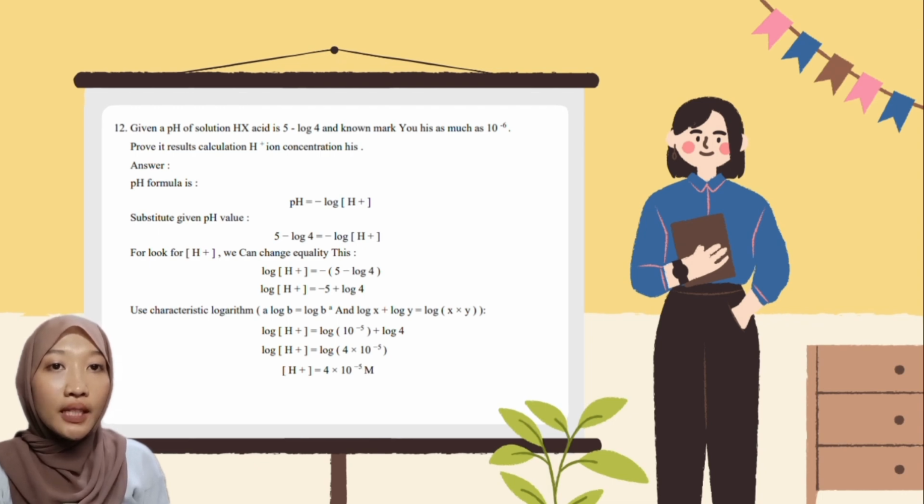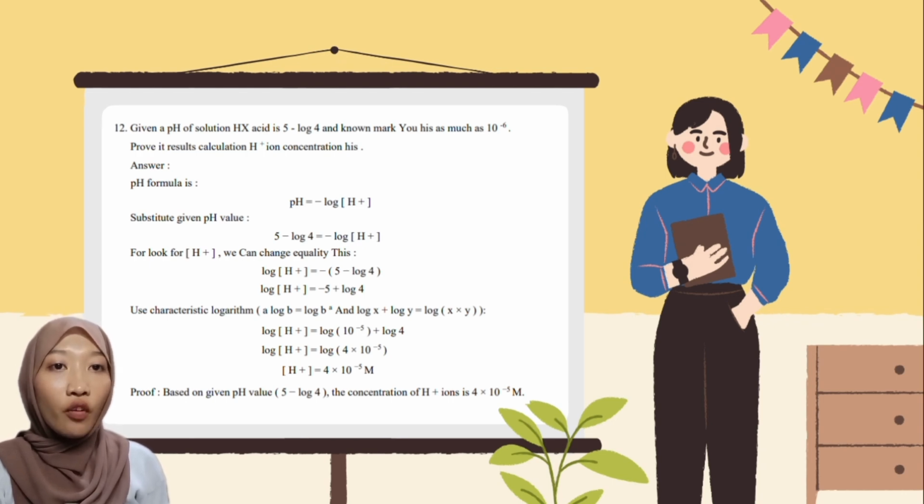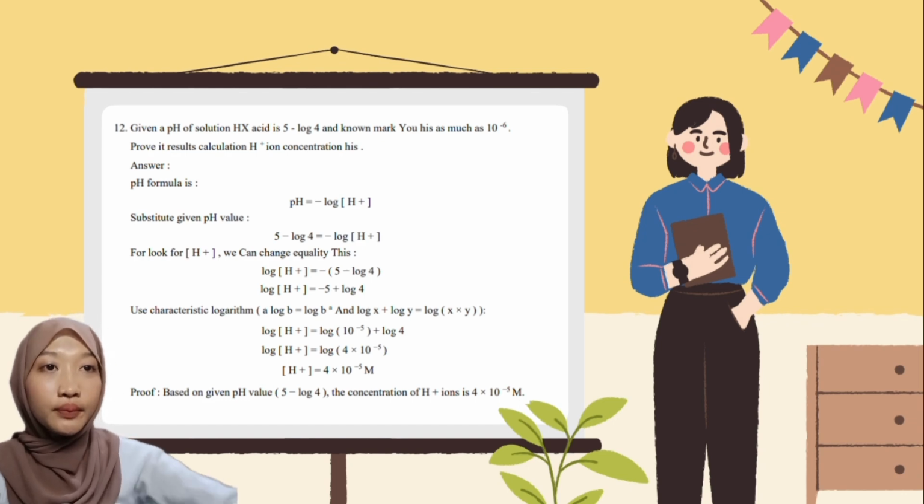From the equation above, we get concentration H plus equals 4 times 10 to the power of minus 5 M. To prove, based on the given pH value 5 minus log 4, the concentration of H plus ion is 4 times 10 to the power of minus 5 M.